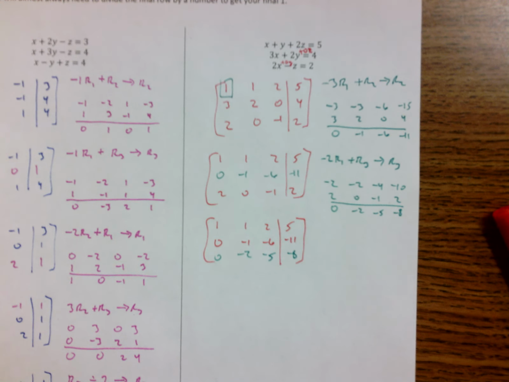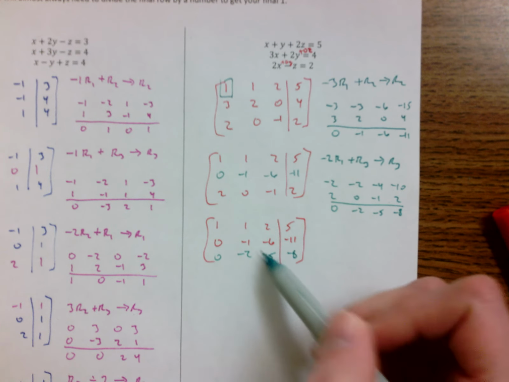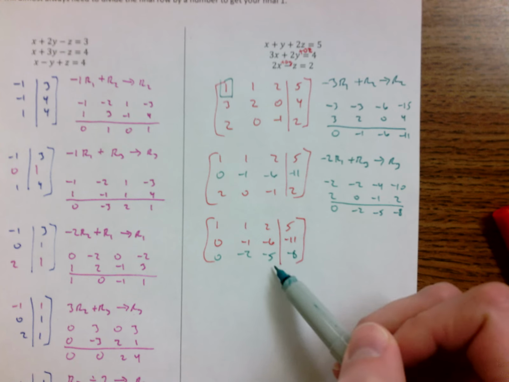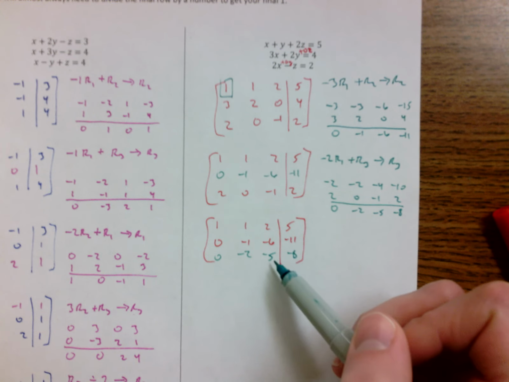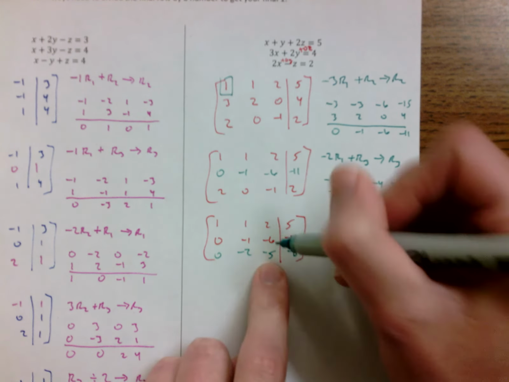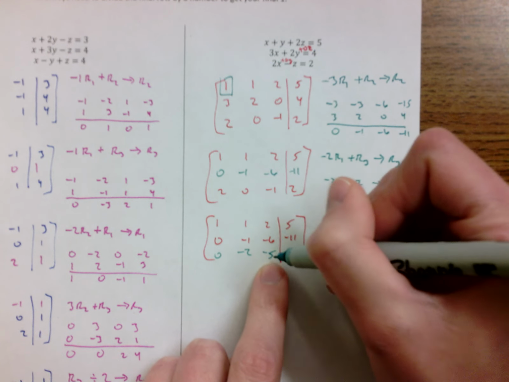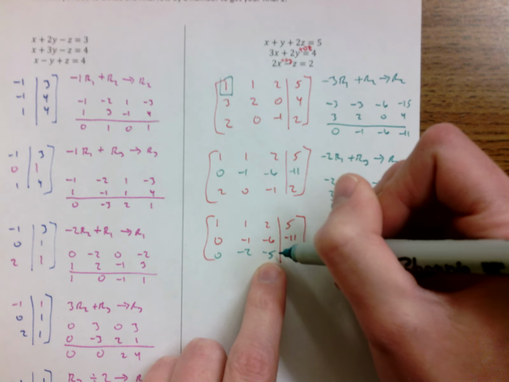Cool, so now we need to move on to another column. I'm looking at this and I don't automatically have a 1 in either one of those positions, and I can't just easily swap rows to get it. So there's a few different things that you can do at this point. You could do something creative, like say, if I multiplied this row by -1 and added it to this one, that would get me 1.